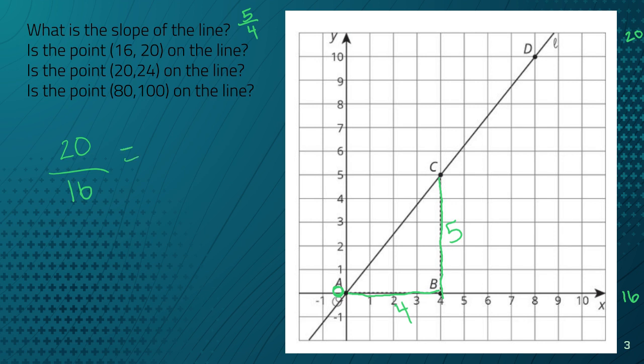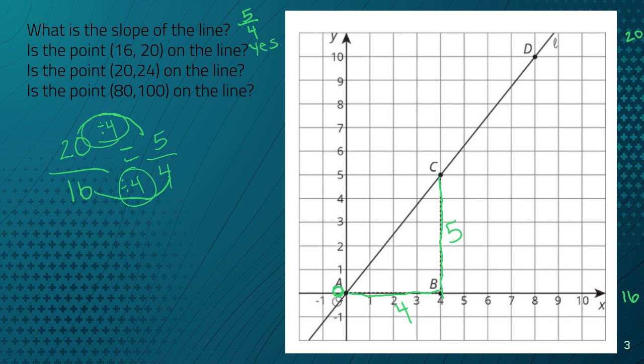So does 20 over 16 equal 5/4? I can divide 20 by 4 to get 5, and 16 divided by 4 equals 4. Since that is dividing both the top and bottom by 4, it's going to be proportional, right? So that means that yes, it will lie on the line.